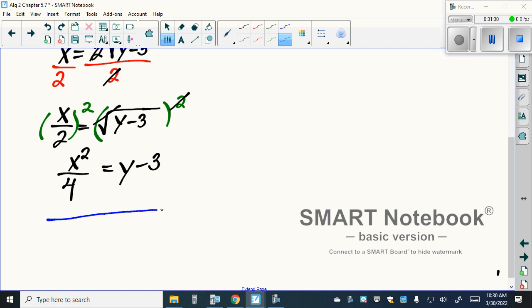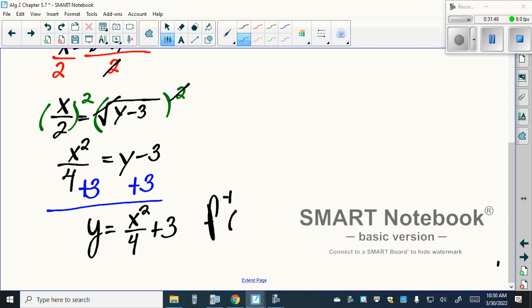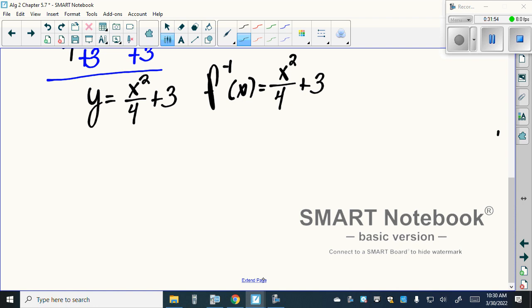Add 3. And if we do this here, we'll get that y is equal to x squared over 4 plus 3. Or as we can denote it, f inverse of x is x squared over 4 plus 3. And that there would be our inverse.